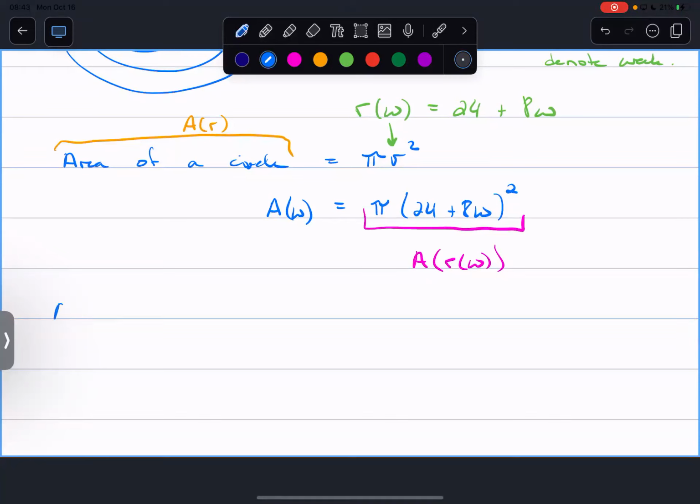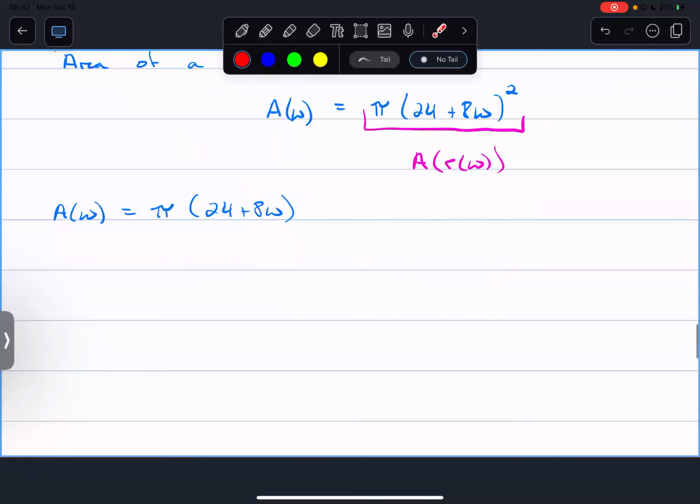The area of W is pi times 24 plus 8W squared. If I have to expand this, usually I just write it out twice and I visually FOIL it out, right? Because it's safer for me. But if you're really good at expanding, then go for it. But I'm not.